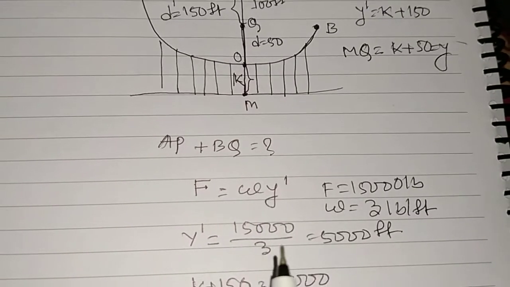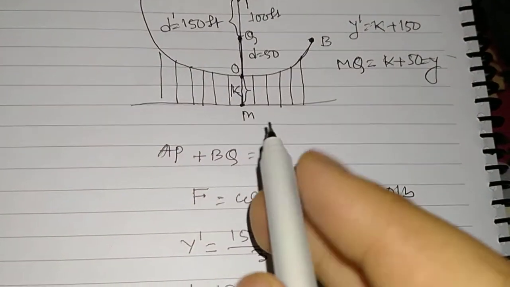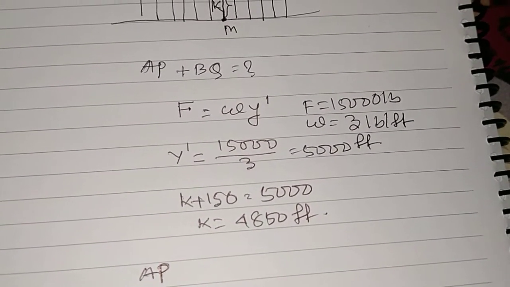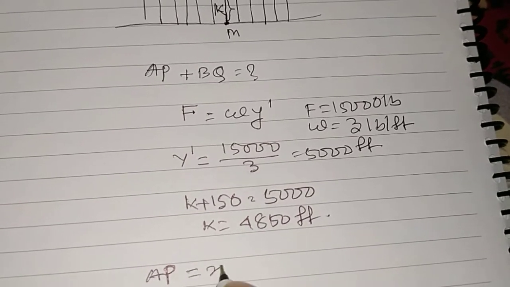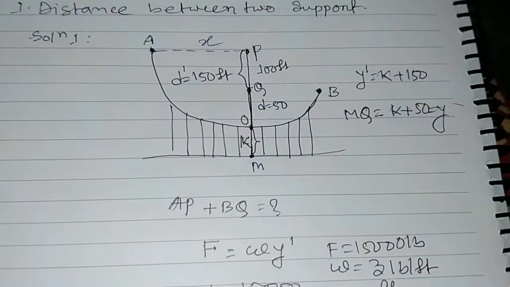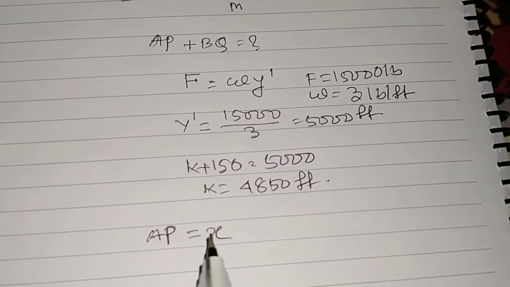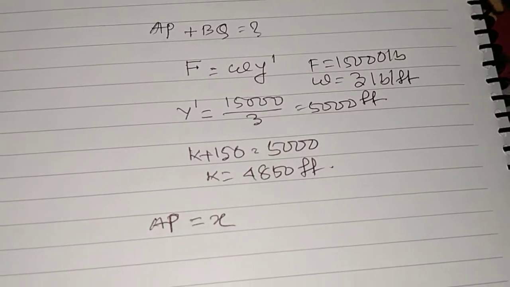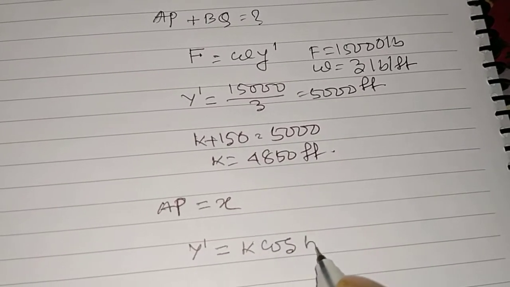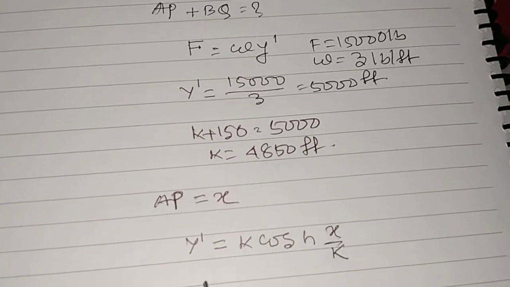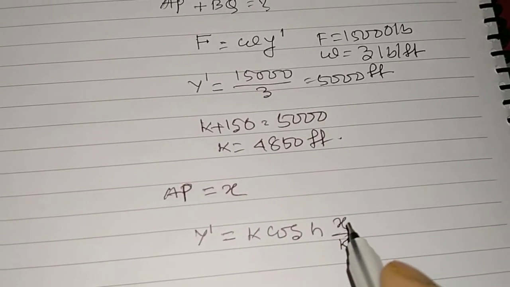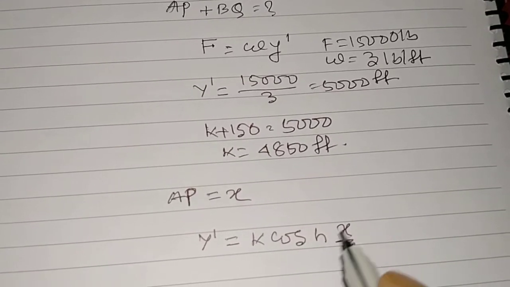Viewers, we can write for the catenary AP equal to x. And we know that for the catenary the equation is y prime equals k cosh of x by k, and we know the value of y prime and the value of k, and we have to determine the value of x.